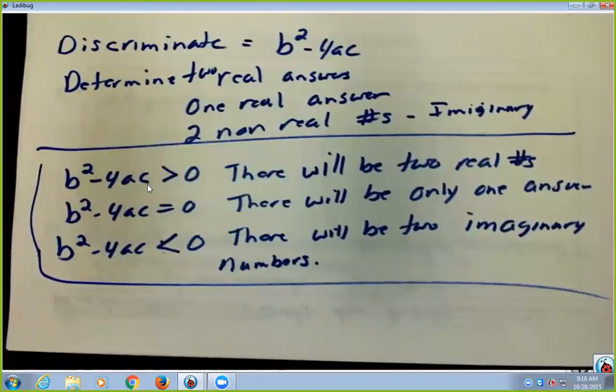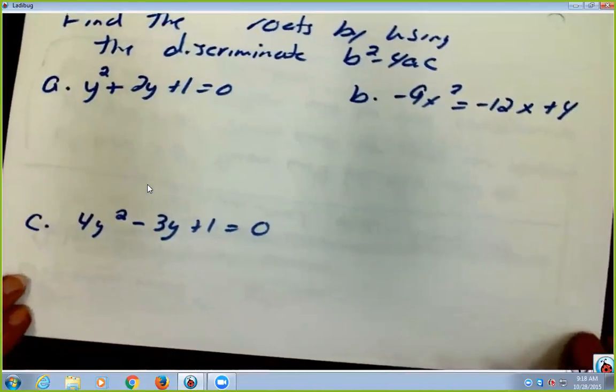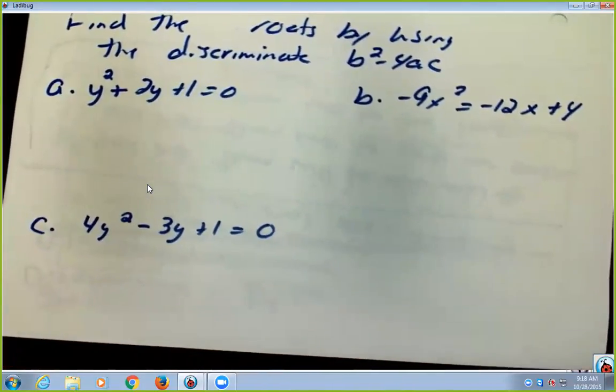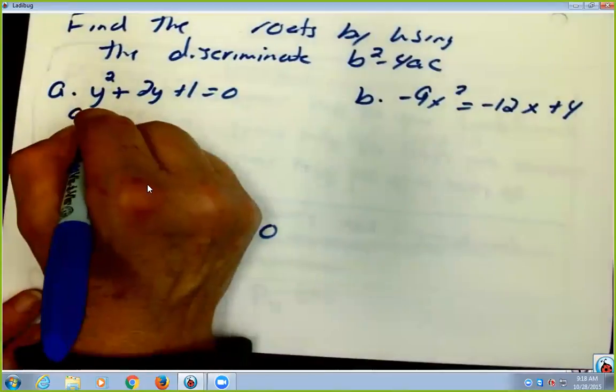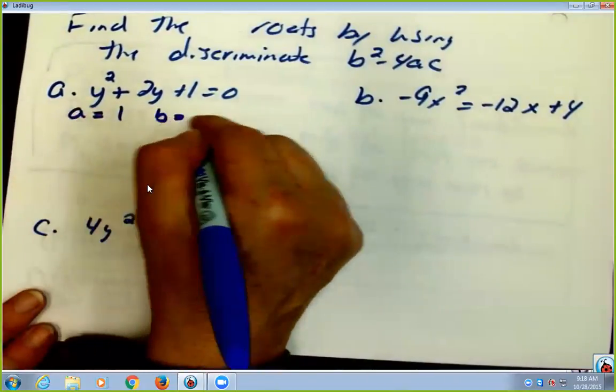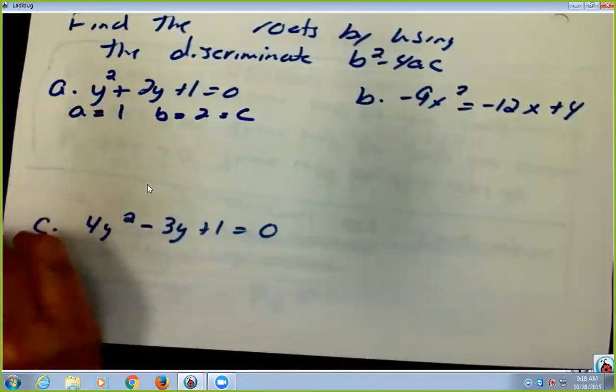Okay, all right, so let's determine some discriminants with these so we can figure out what we have happening within these. Again, find your A, find your B, find your C, and only do your piece up there.